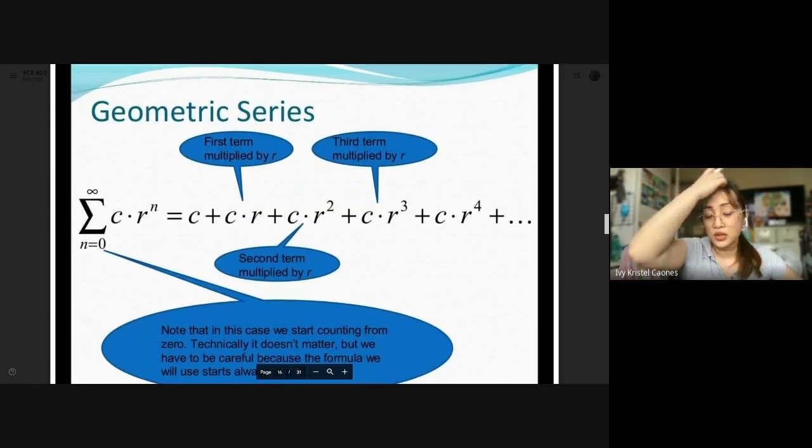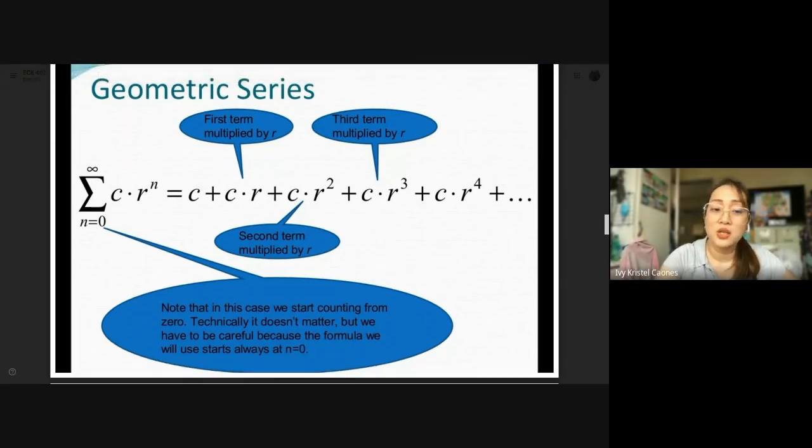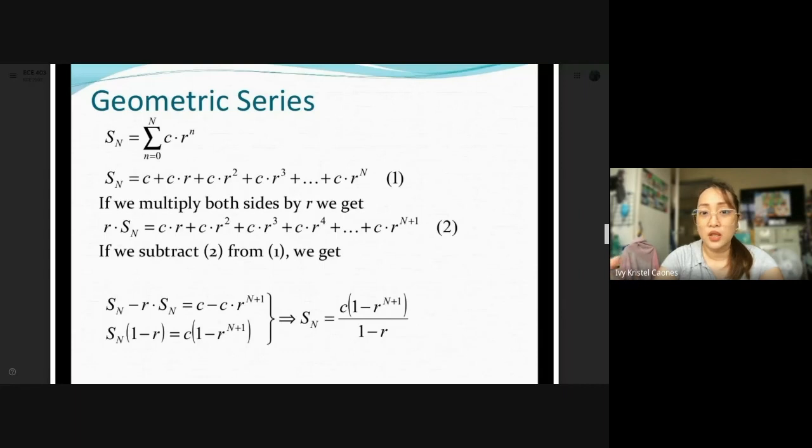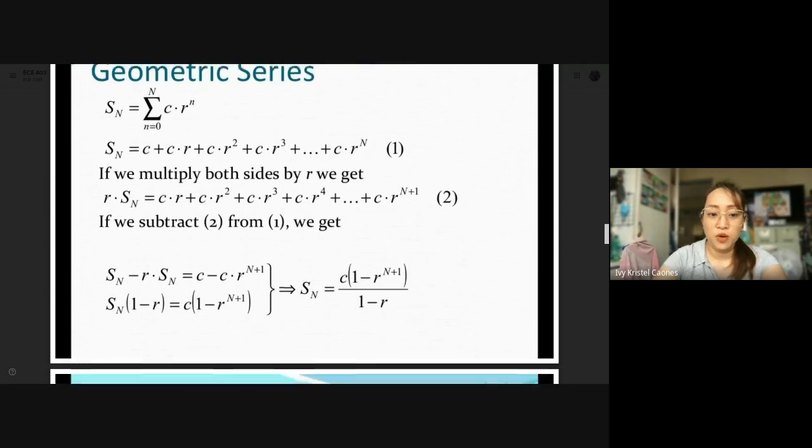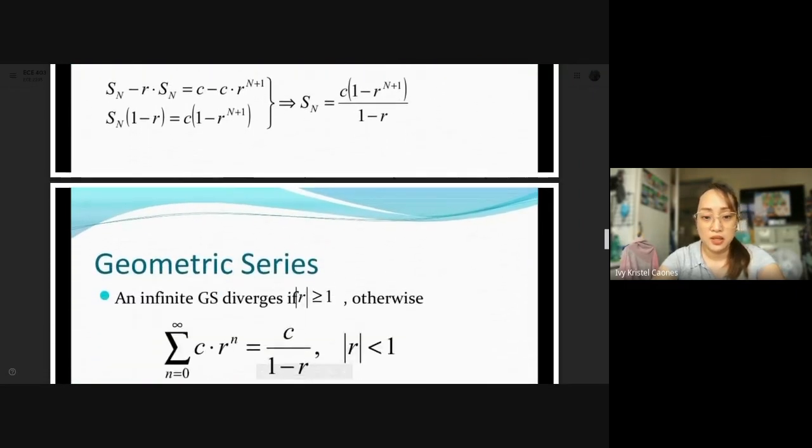So we have another series, the geometric series. If you have a geometric series, you will start your summation from 0 since r to the 0 is 1. If we cannot determine the convergence or divergence in terms of the divergence test, that means pumatak siya dun sa 0, then we can perform these other tests that we have.